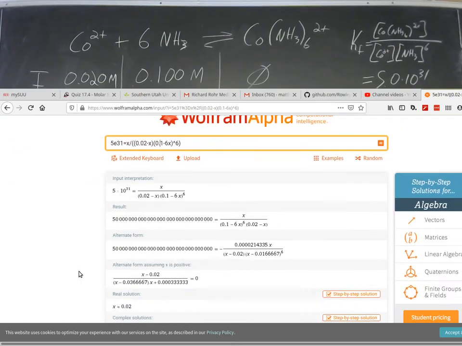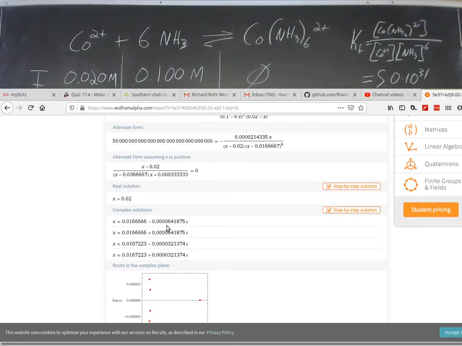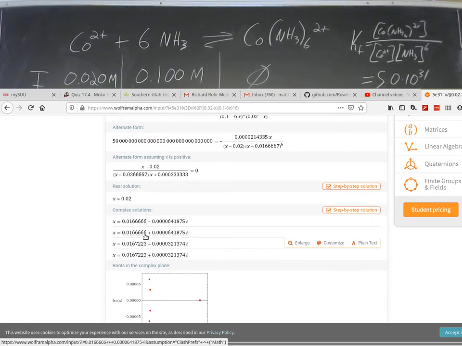Okay, well, Wolfram Alpha has failed in a couple of ways. I think one of these complex solutions is actually supposed to be the right answer, and it's just got such a small imaginary component. But anyway, let's just walk through these.